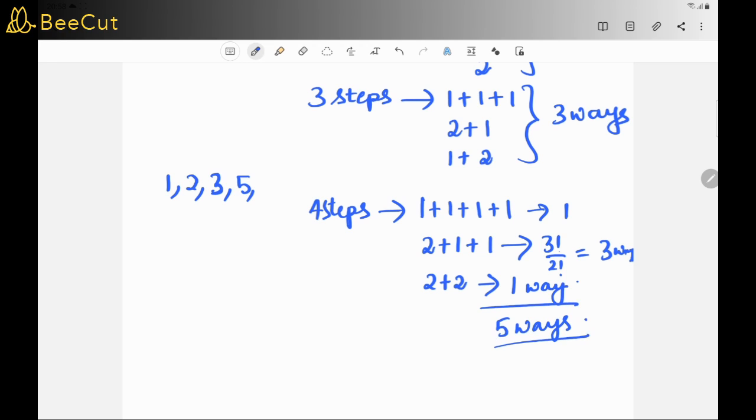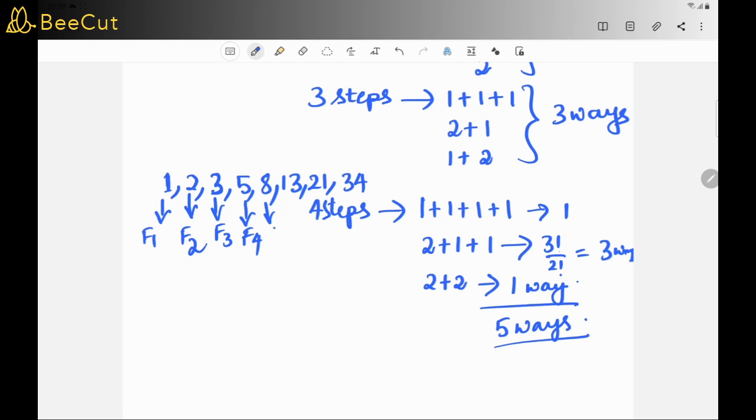So had there been one step, the number of ways is 1. For 2 steps, the number of ways is 2. So this is the first term of the series, 1, second term, third term, fourth term, fifth term would be 8, then followed by 13, then 21, then 34.